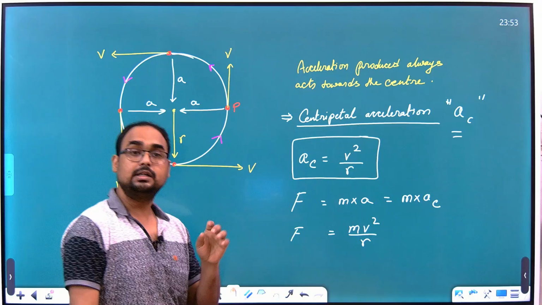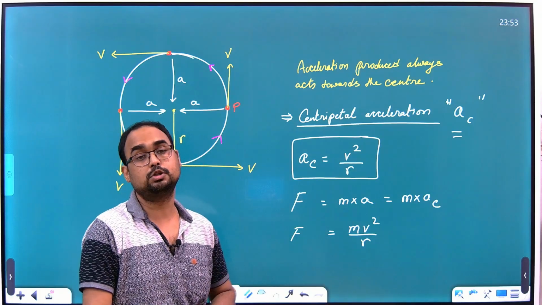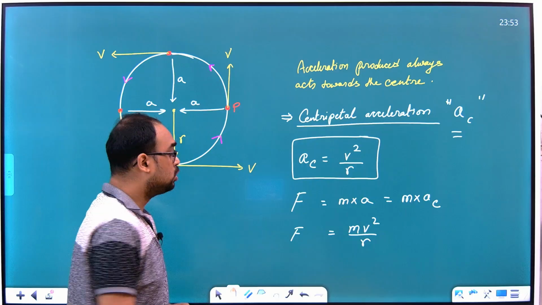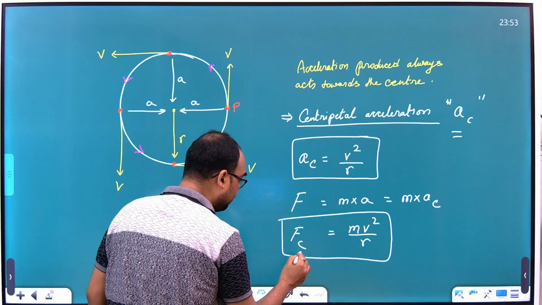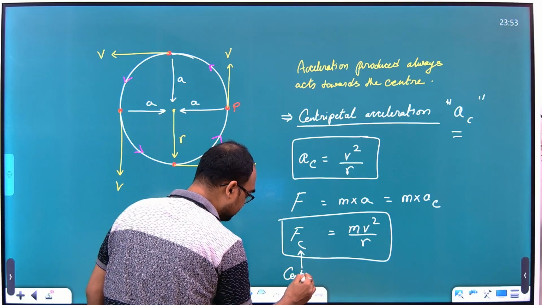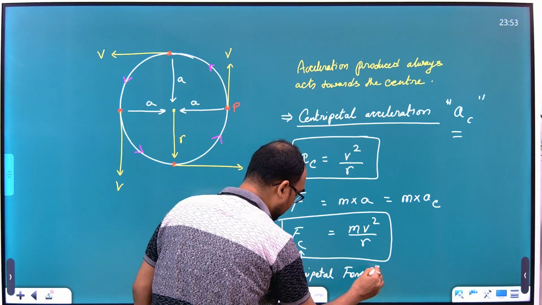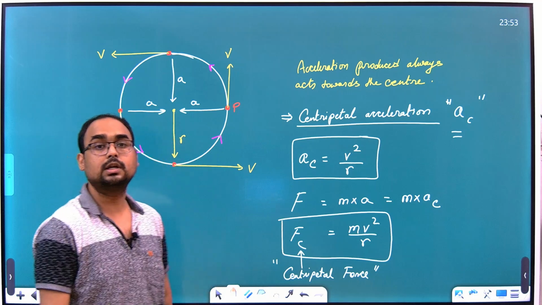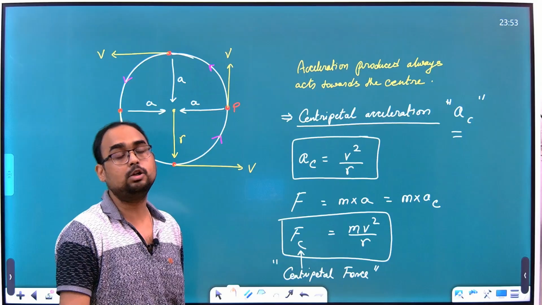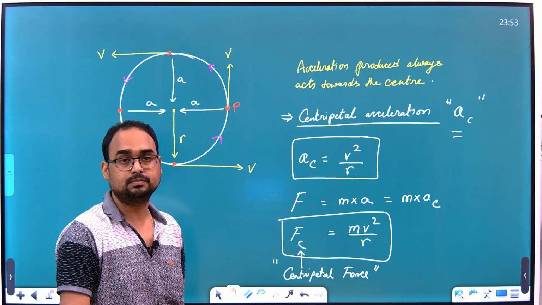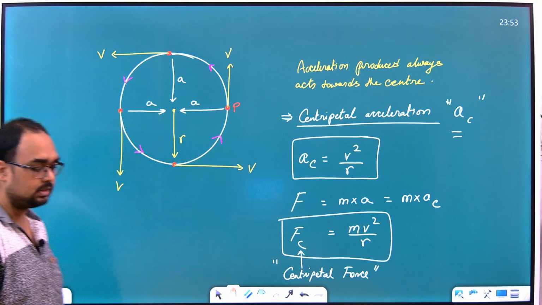Now since the acceleration was centripetal, the force is also centripetal. So this force is called a centripetal force, a force acting towards the center of the motion. Clear? I hope it's clear for all of you. Just go through it once.